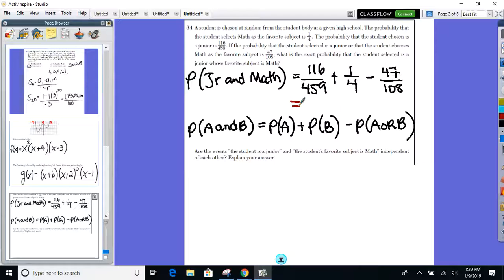Let me know when you get there. 31 out of 459, yep. So there's my probability, that and probability, like math and a junior.